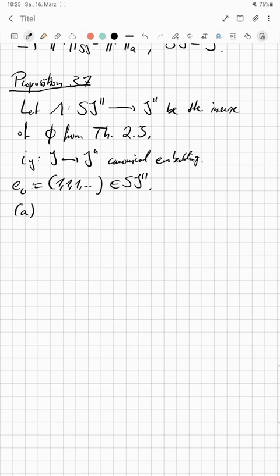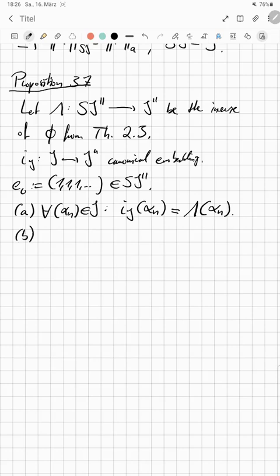We will label them A to D. So our first statement is that for all elements from J, if we embed J into its double dual space, then the image of alpha n will be the same as the image under lambda.